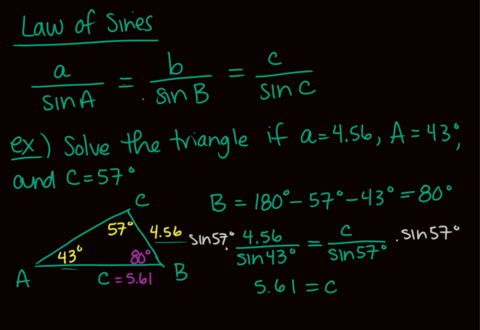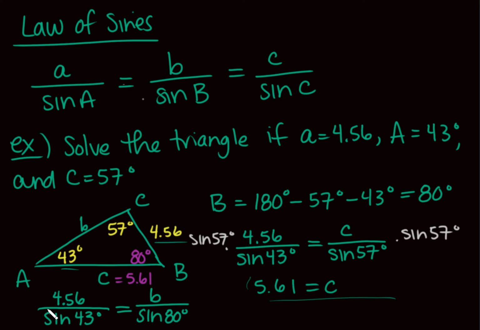I could use the relationship between C and C here, but I rounded this side C. So I'm going to go back to using this relationship between A. So I know A, 4.56 over the sine, sorry, this is a little messy, of 43 equals little b over the sine of 80. Again, I want to minimize rounding errors, so I just want to use one that I've already had before.